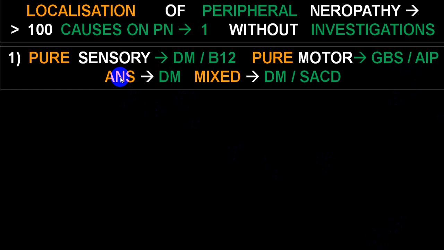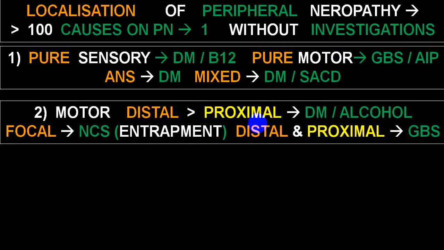If there is autonomic nervous system involvement, with or without sensory and motor, diabetes. If it is a mixed variety, meaning sensory plus motor, again diabetes. You can see diabetes comes in sensory, it comes in autonomic nervous system. Pure motor is not very common, but even diabetes can come in a pure motor also, and even in a mix. And in a mixed variety, do suspect diabetes, and another is called subacute combined degeneration, which is because of B12 deficiency.